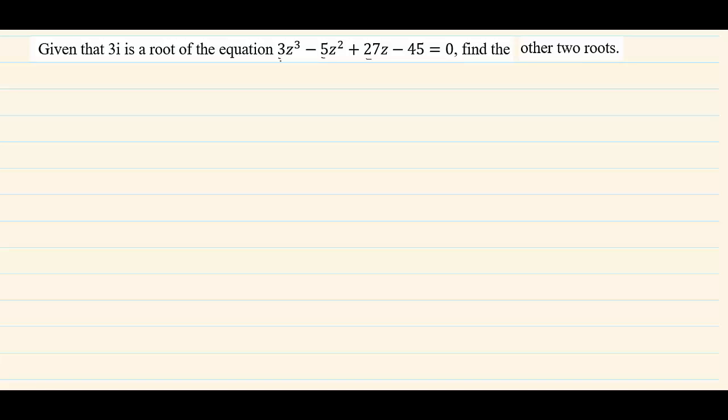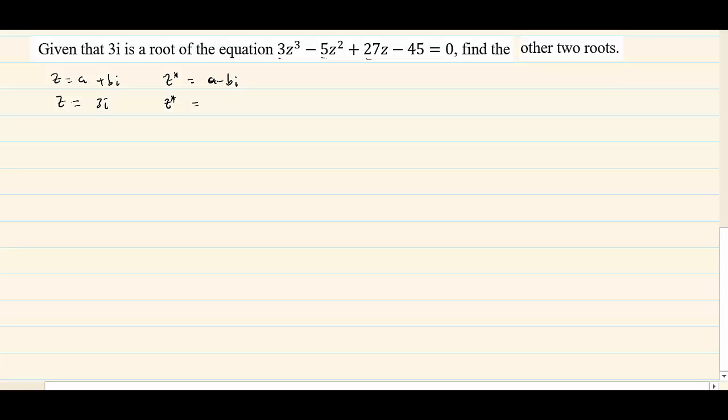So for example, if z is equal to a plus bi is a solution to this equation, because all the coefficients are real numbers, then z star, which is equal to a minus bi, is also going to satisfy this equation. Now we are told that z is equal to 3i, then z star for this specific case is just going to be the negative.